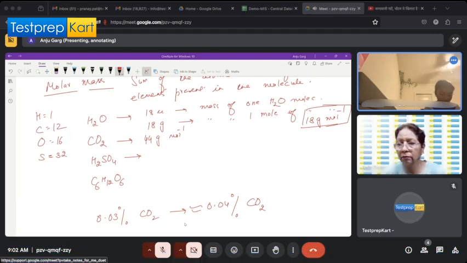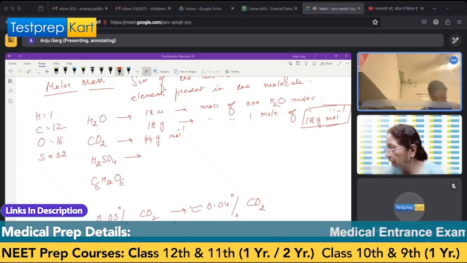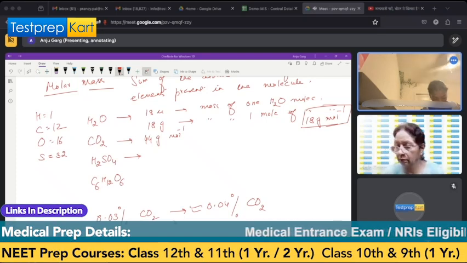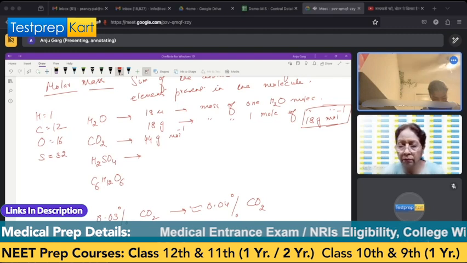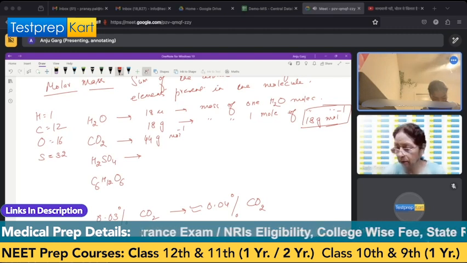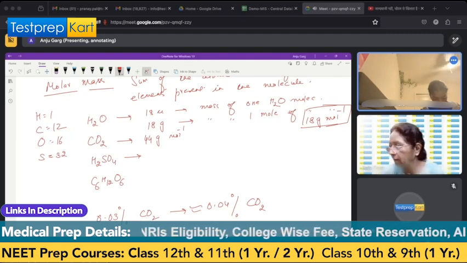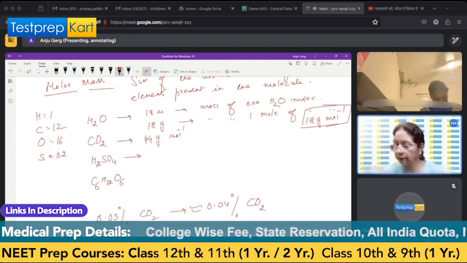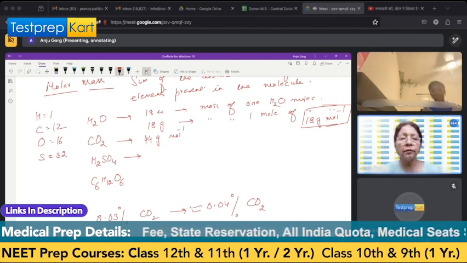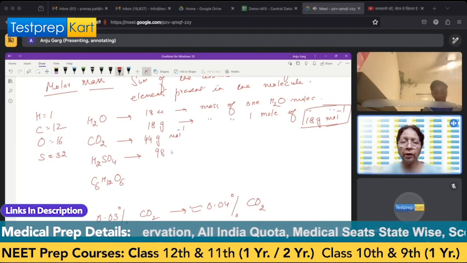Plus 2 plus 16 times 4 is 64, 98. That is right. So that means 1 mole of sulfuric acid will weigh 98 grams.